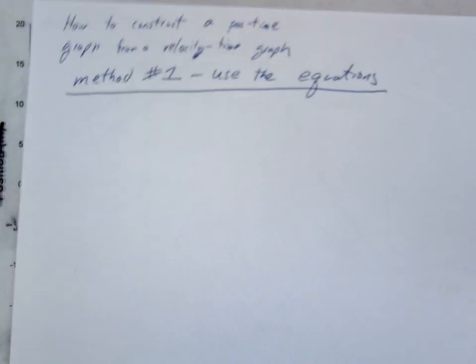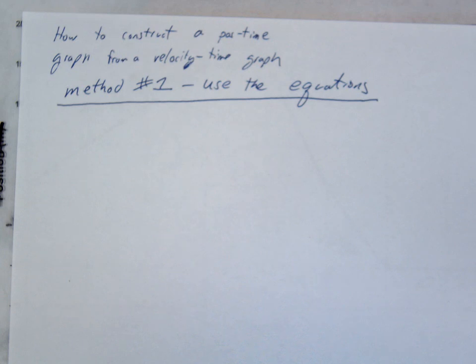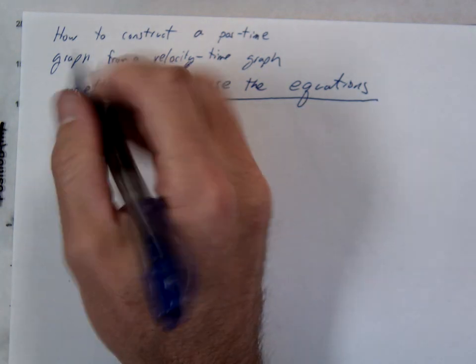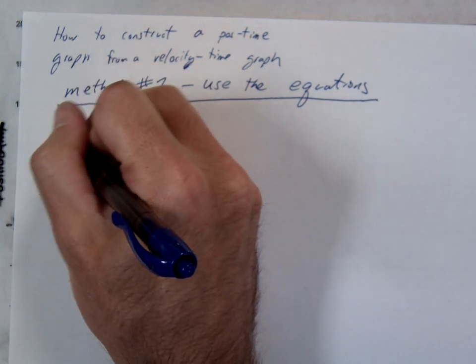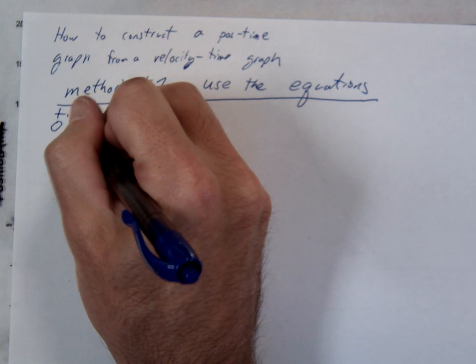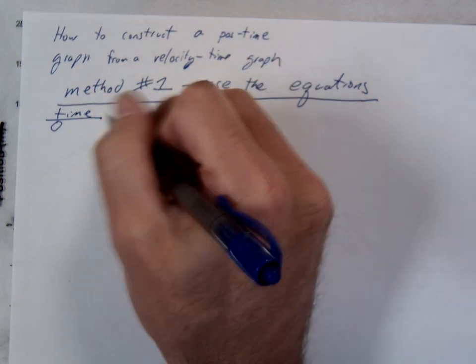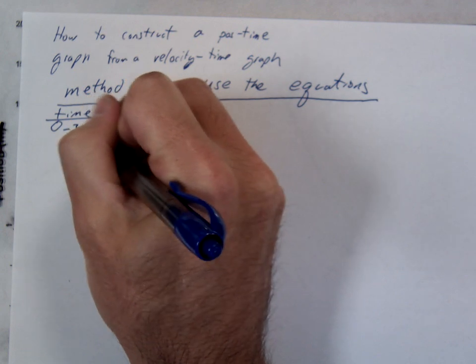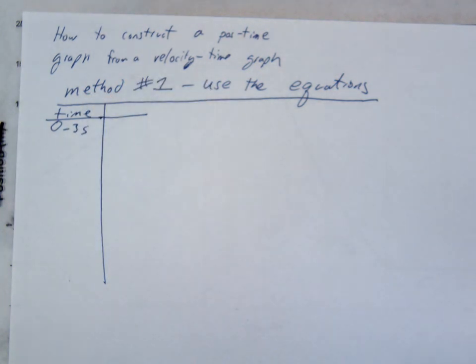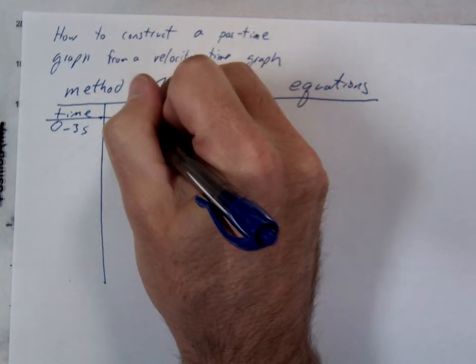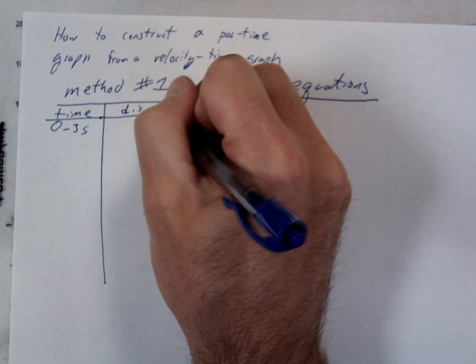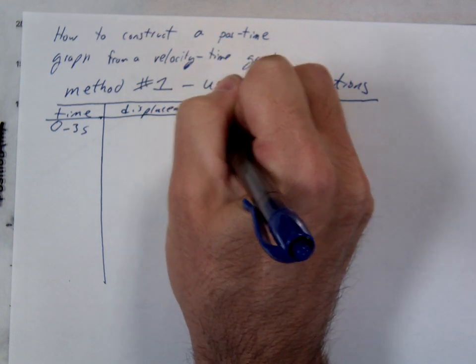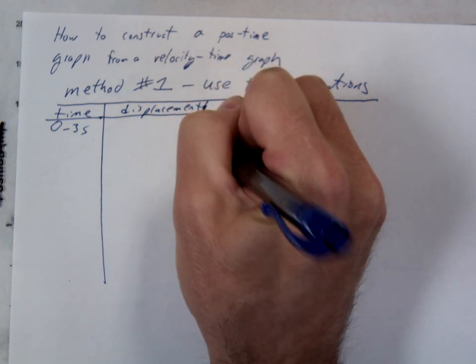Method 1. What we're going to do is construct kind of a little data table here. We'll start with 0. We'll have our time right here. We'll go from 0 to 3 seconds. And we're going to find our displacement using the equations.